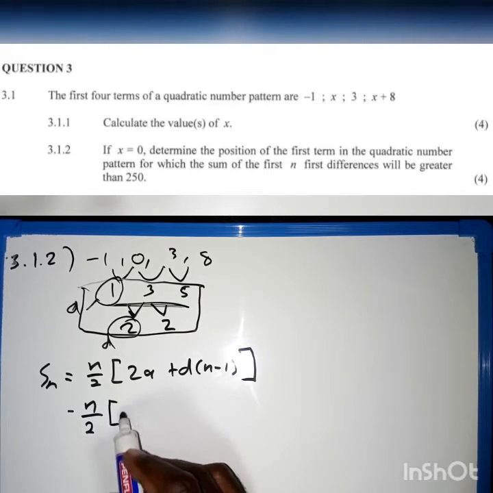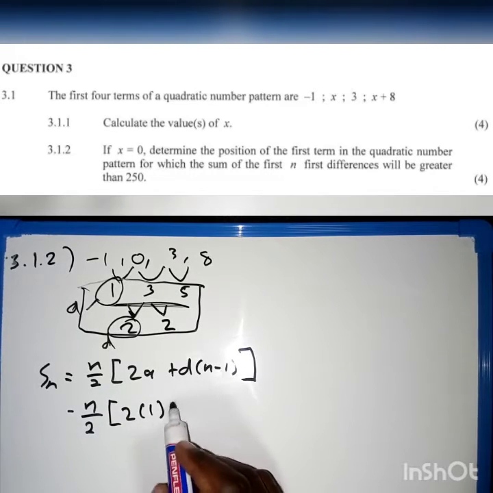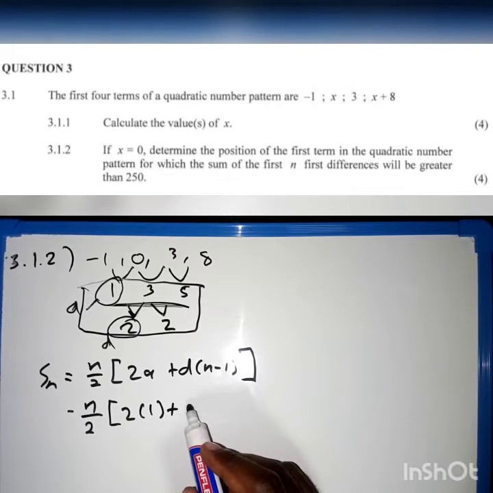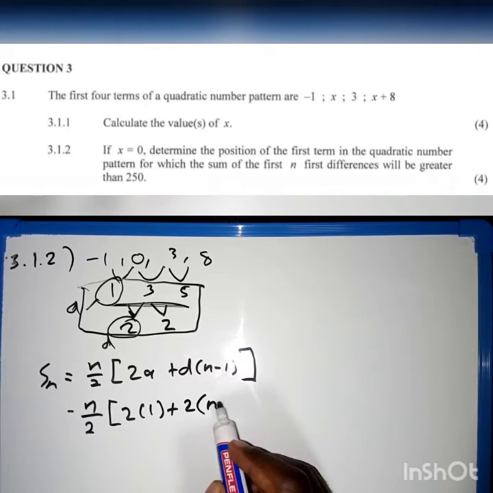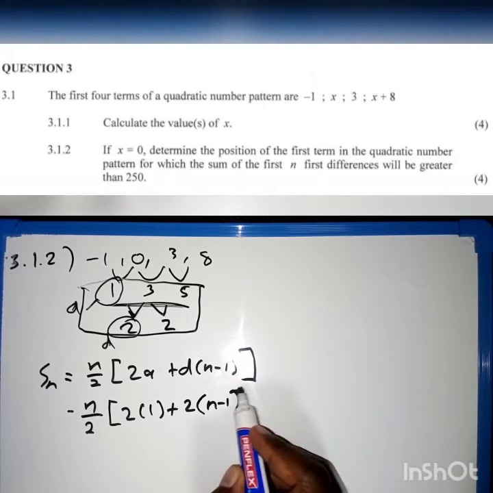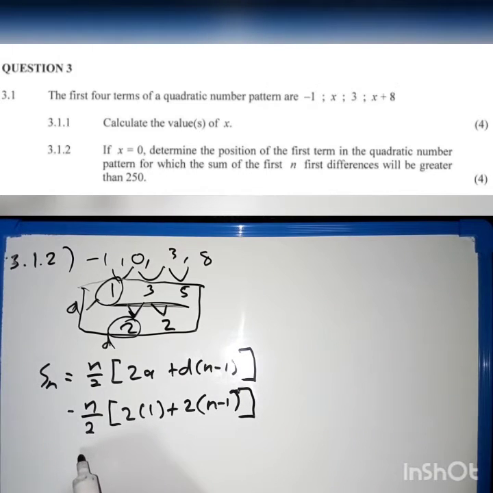Our a is 1, d is 2, then n minus 1. So here, this I'm going to solve. So this will be n over 2 times 2 plus 2n minus 2, so that this and this cancel out.